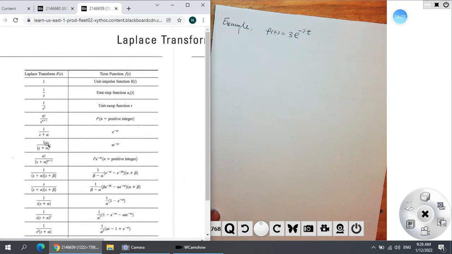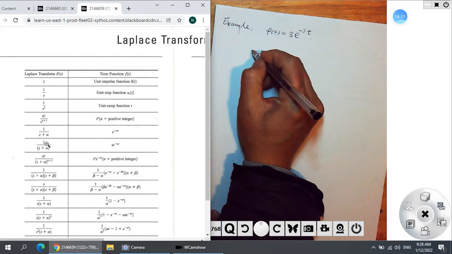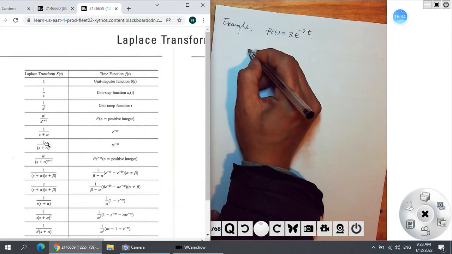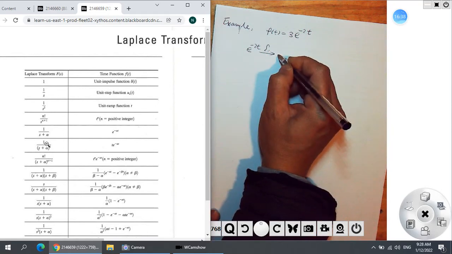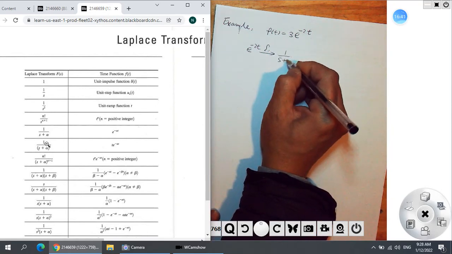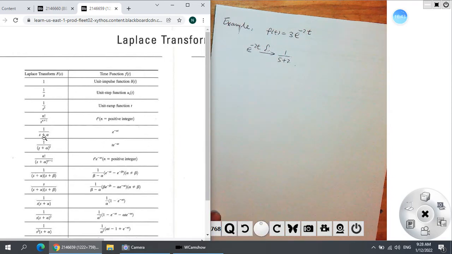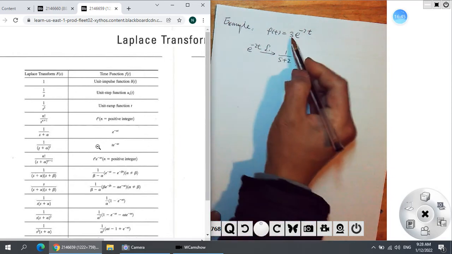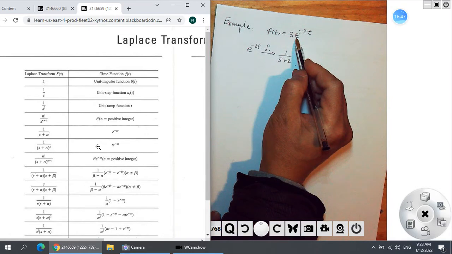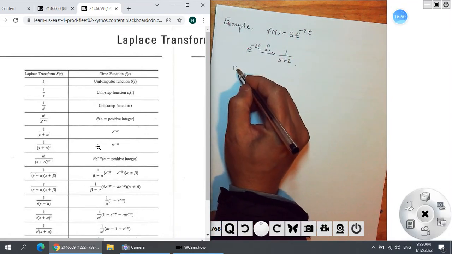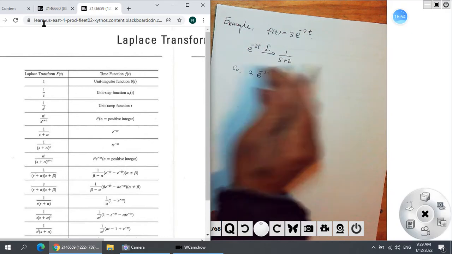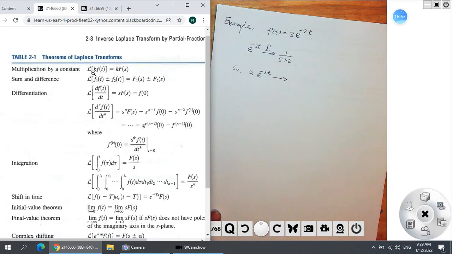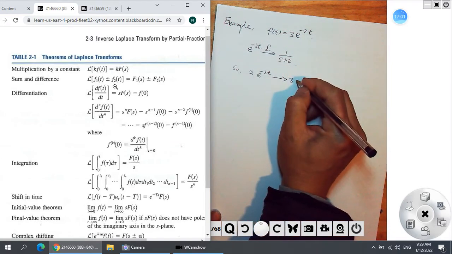So e to the negative 2t by Laplace transform gives 1 over s plus 2. This is from the table. Then I multiply by 3: 3 times e to the negative 2t will go to 3 times 1 over s plus 2.